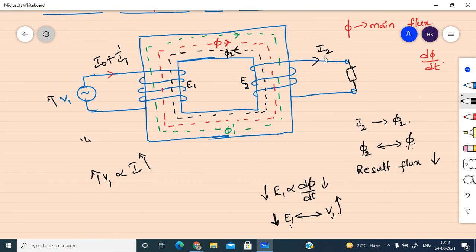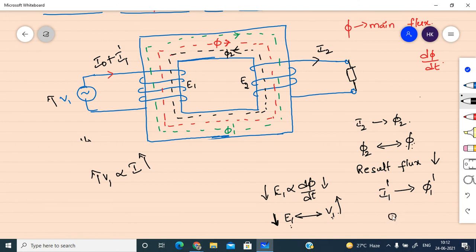If you increase the load again, then some more additional current will be drawn. So that additional current, we are assuming it as I1 dash. So due to this I1 dash, again some flux will be produced. That flux, we are assuming it as phi 1 dash. The flux produced due to this additional current is phi 1 dash.